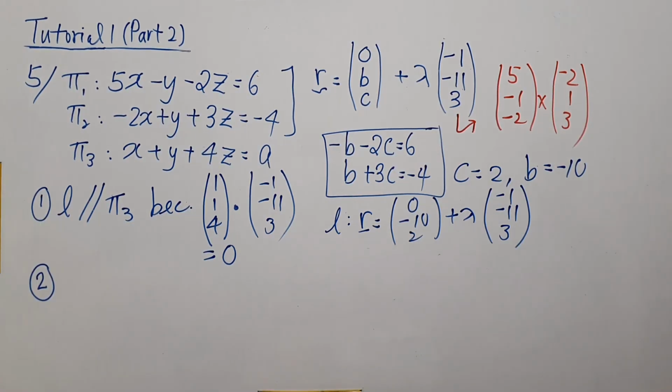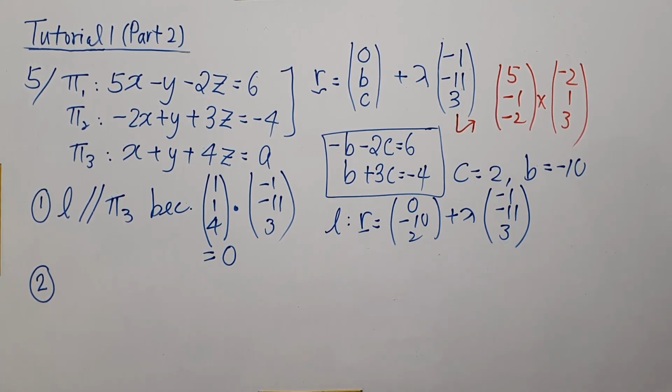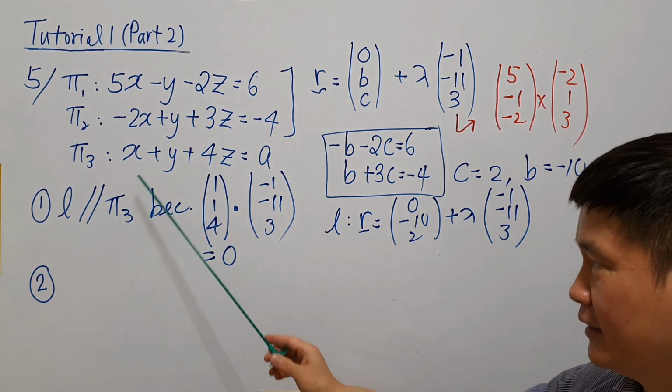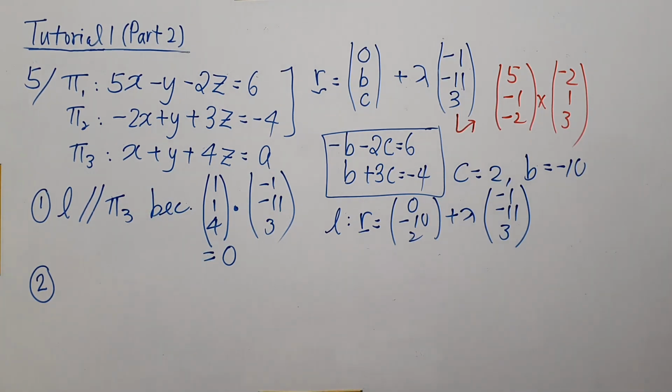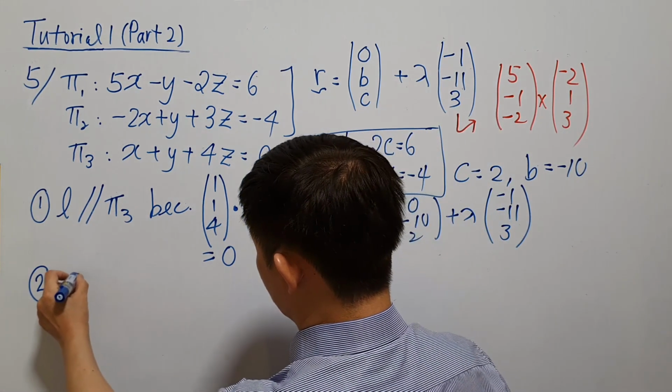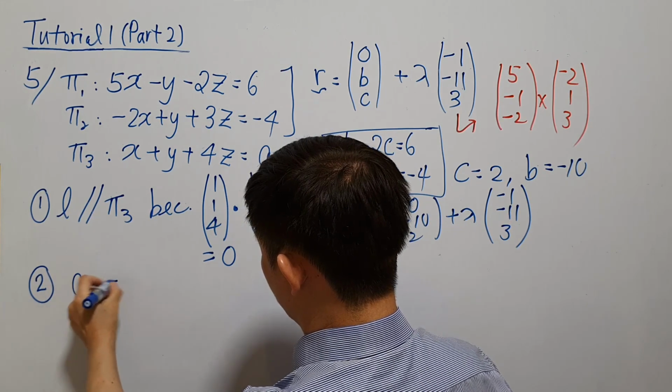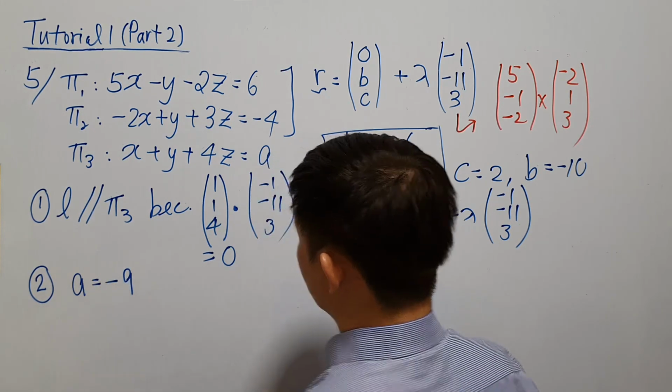And now we are left, as usual, with checking how this intersecting line will interact with the third plane. Just that now, because a is unknown, we can't really check. But the question divides it into two cases, part A and part B. Let's look at part A first. In part A, it says if a is equal to minus 9.